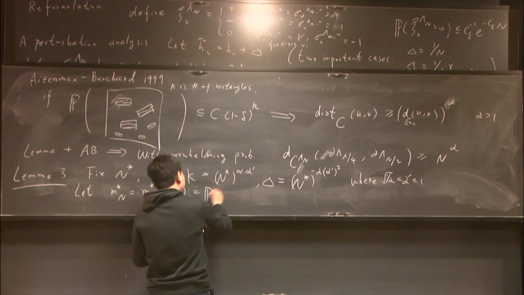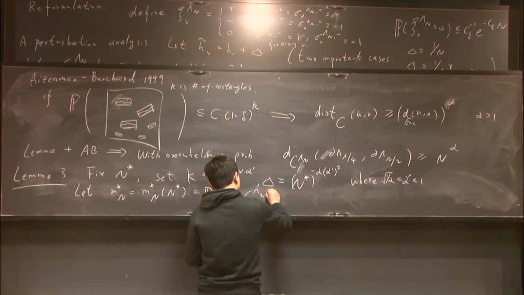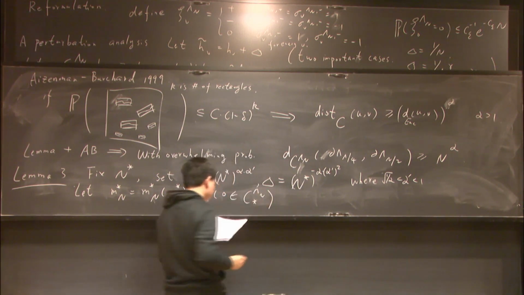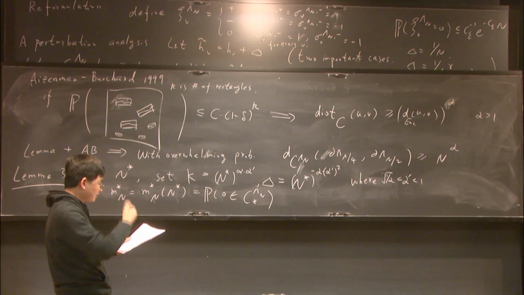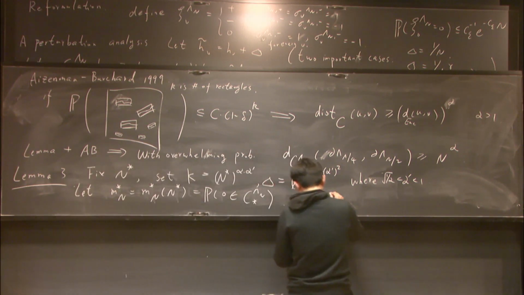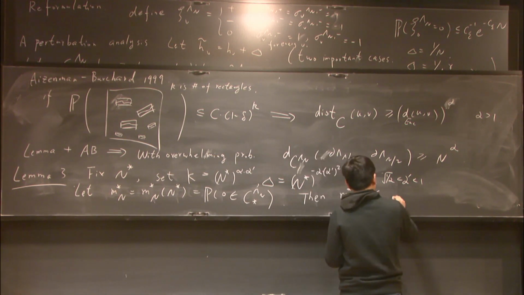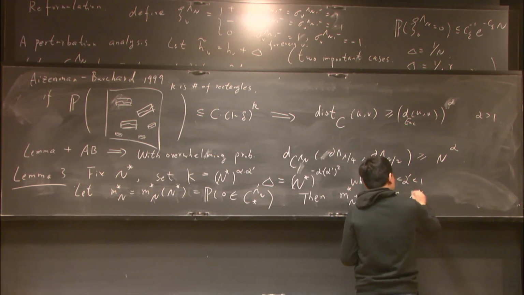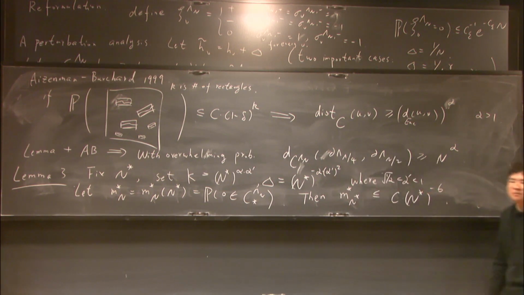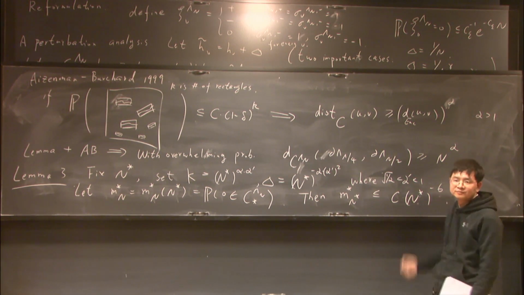This is the probability that the origin is contained in both the 0 sets. If that's my definition, then I have m star n star is less than, say, n star to the power of minus 6. This is arbitrarily chosen, but I just want to choose a number that is larger than 2.